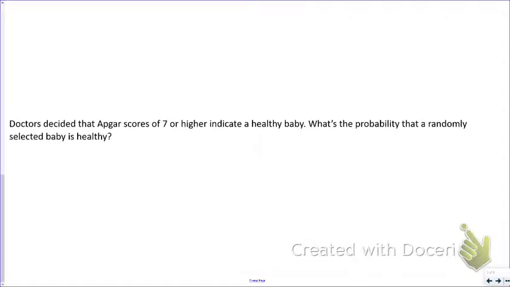They define a healthy baby as 7 or higher. So I want to write it like this: x greater than or equal to 7. And I need to add up all those probabilities. So take a minute and look at your table. And it looks like probability of 7 is 0.99. You might need to rewind to see these numbers again if you don't have the handout.